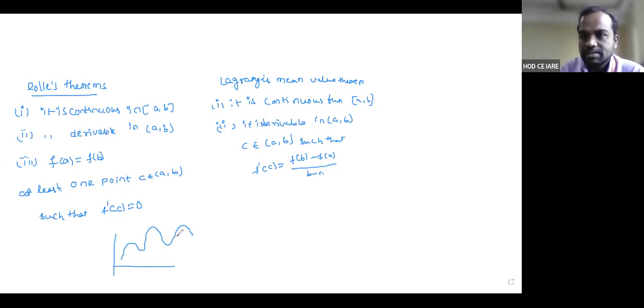The curve y is equal to f of x is a continuous curve. We can take some points in between, a and b on the curve, where this point is represented by f of b and this point by f of a. Say f of a is a maximum point.